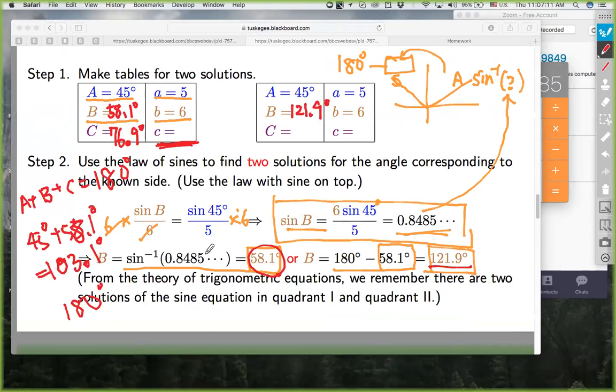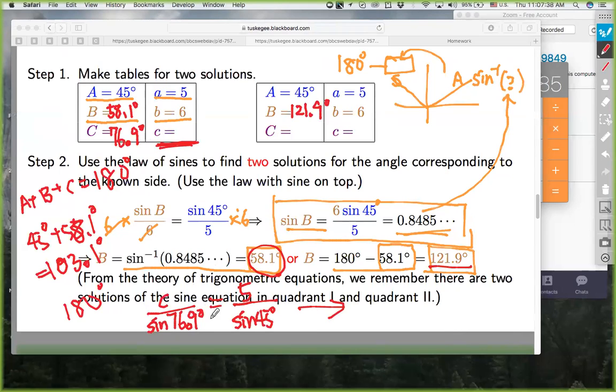Okay. Get the side c, just use the method we have seen before. Make an equation. So c over sine of the angle, sine 76.9 degrees equals, compare this with, say, A's, 5 over sine of the angle, sine 45.